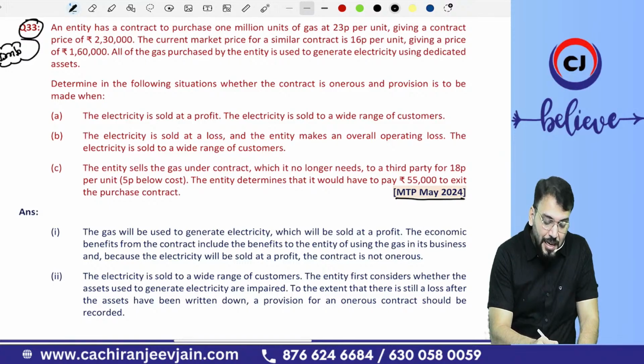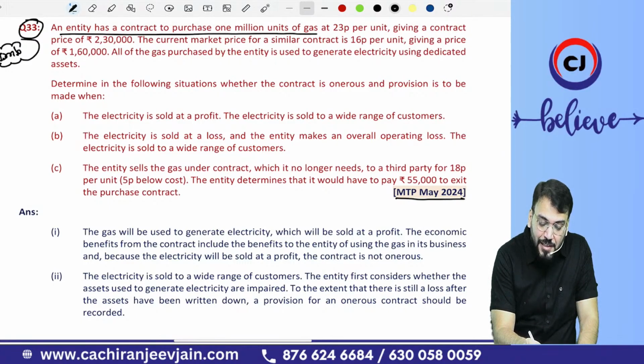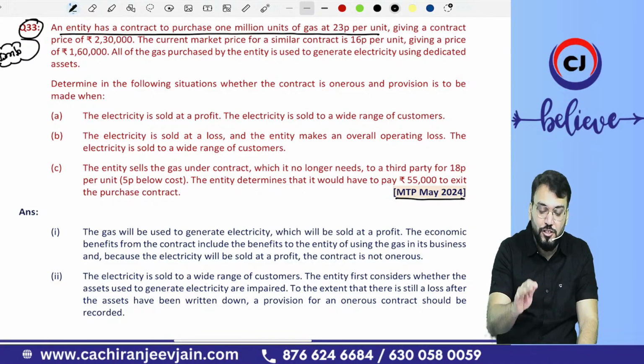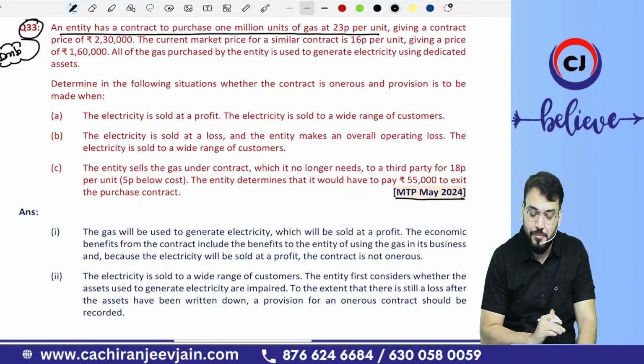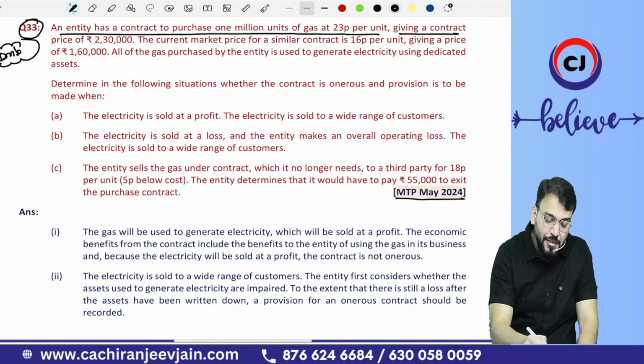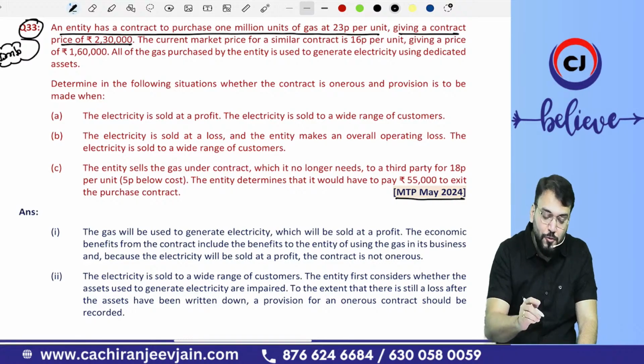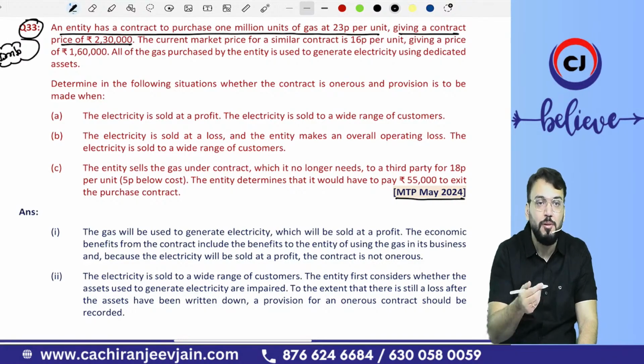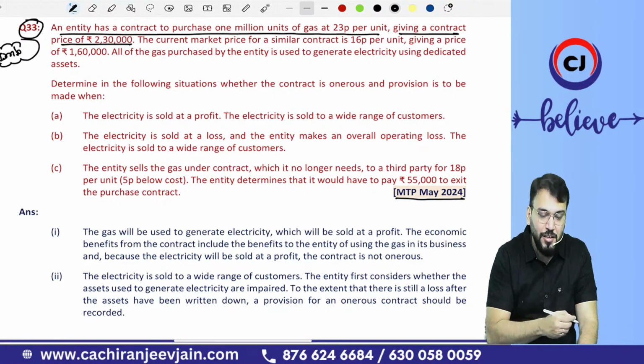An entity has a contract to purchase 1 million units of gas at 23 paise per unit, giving a contract price of 2,30,000. Of course, 1 million units at 23 paise will be how much? 2,30,000 only.